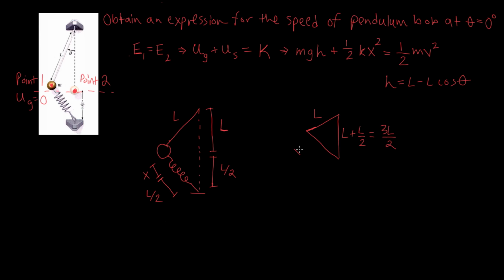This side right here is just x plus L divided by 2. And we want to solve for the value of x. And so our angle is still theta as it's shown in our original diagram. So the angle in our triangle that's given is this angle right here, theta.